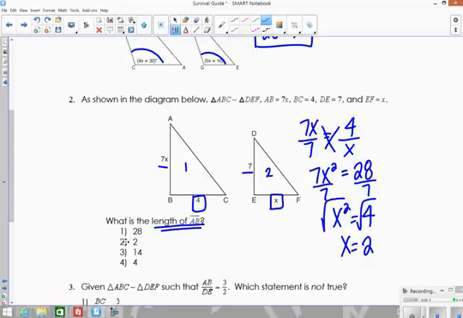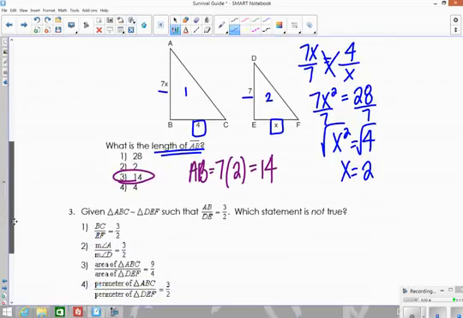Notice that 2 is one of the choices. They always do that, where they'll put your partial answer in there. But if we're trying to find the measure of AB, we need to plug back in. So it's 7 times x, which is 2, so we get 14. Your answer should be choice number 3.